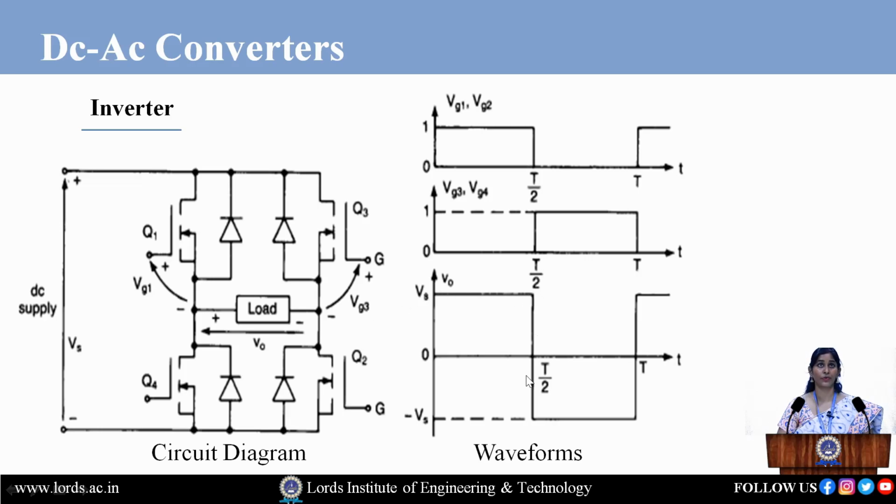During mode 2, Q3 and Q4 will be in conduction. The current flow is reversed, which is why we get a negative voltage across the load. That is why we have a bidirectional output, and this is how we convert DC to AC.